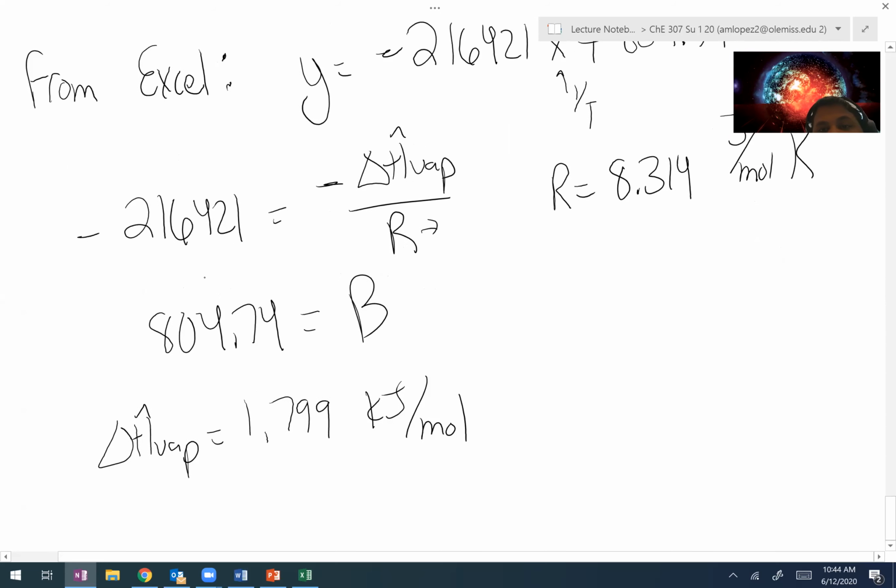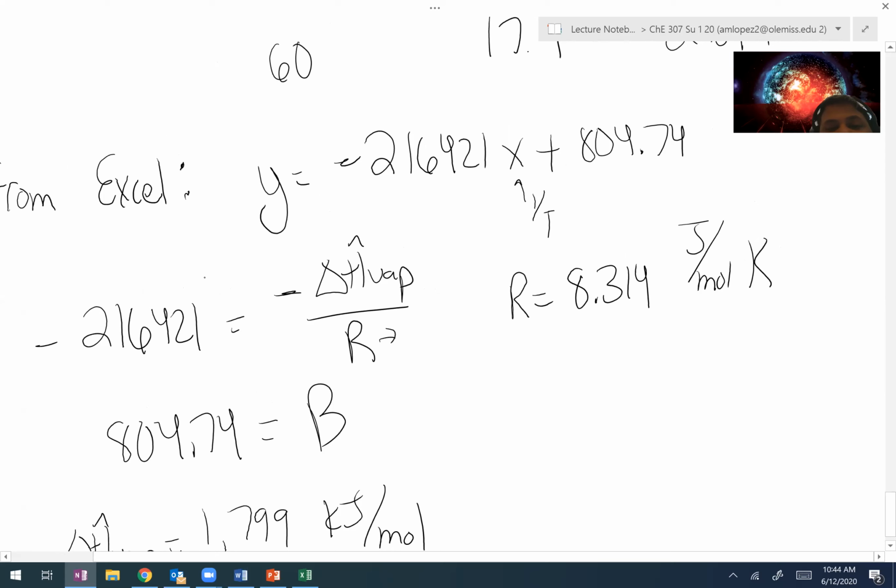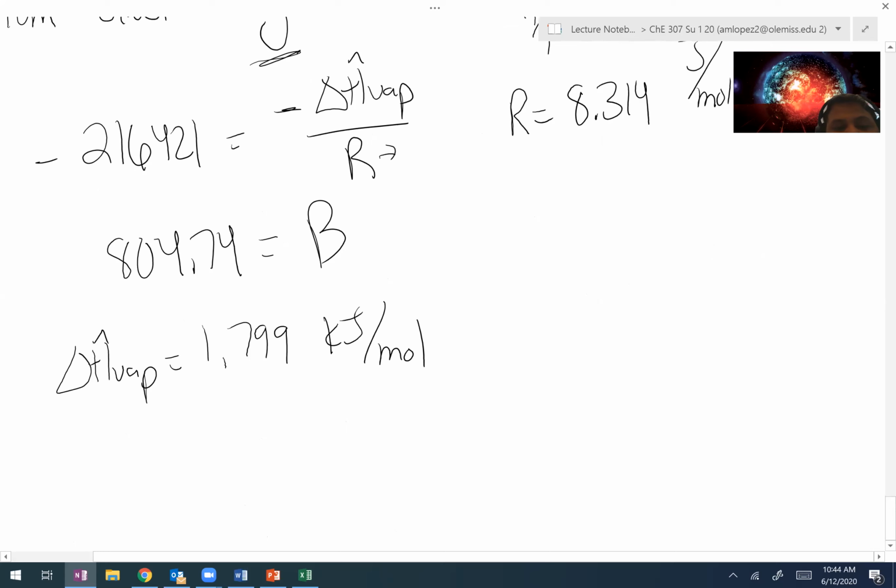And to find my units of B, since my Y is in millimeters of mercury, and my first term has no units once it's all canceled out, that tells me my B value must be in millimeters of mercury.